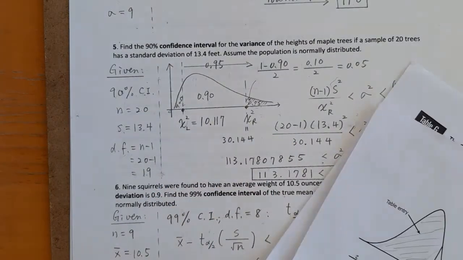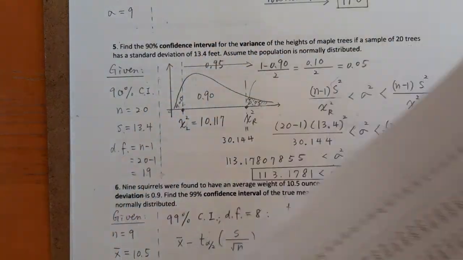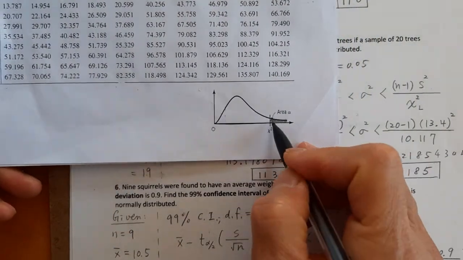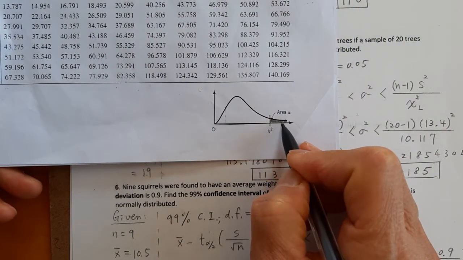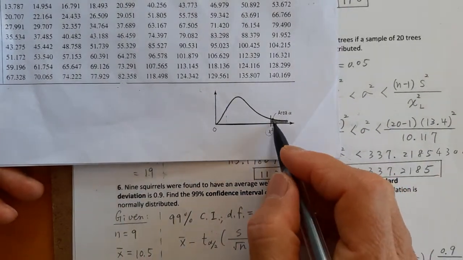Since we are using the chi-square table, we have to look at alpha, the area to the right of chi-square.